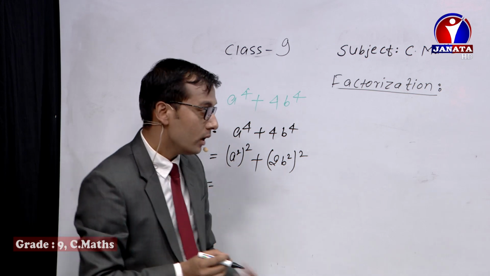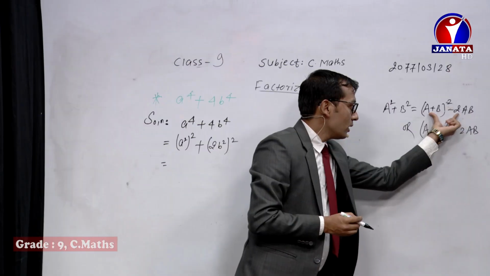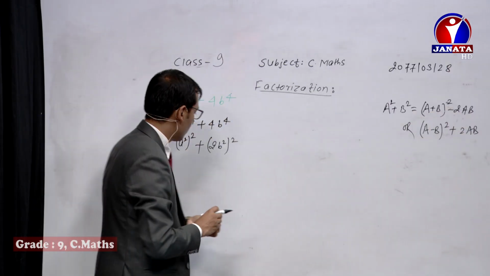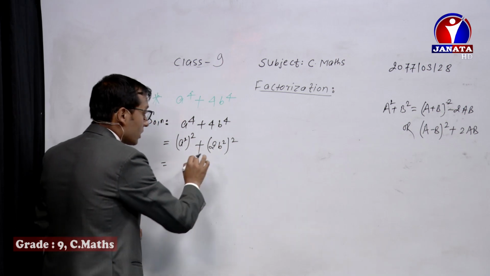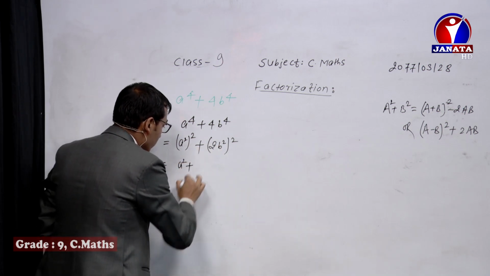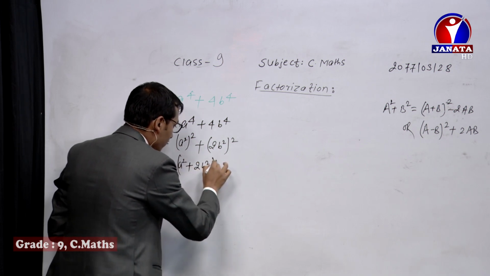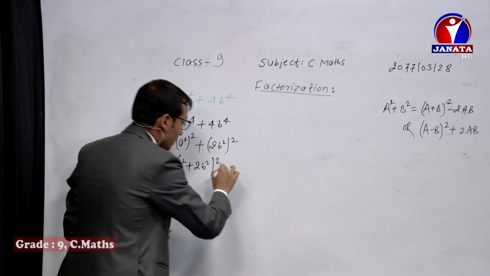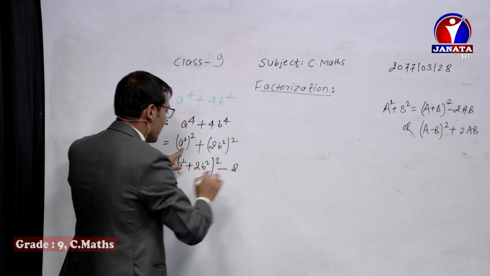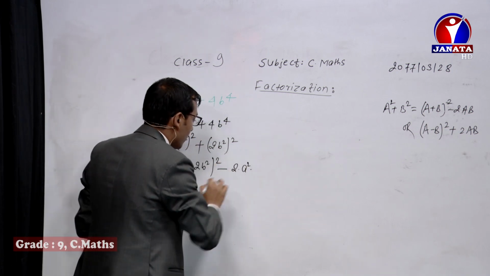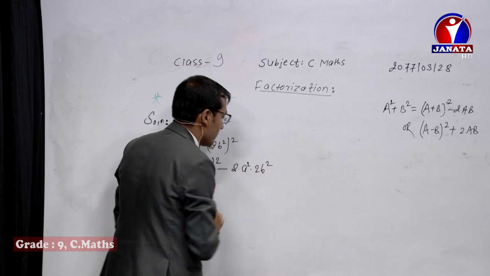So let's try by taking the first expanded form, (a plus b) whole square. So a is a square, and what is b? 2b square. (a plus b) whole square minus twice of ab, where a is a square and b is 2b square.